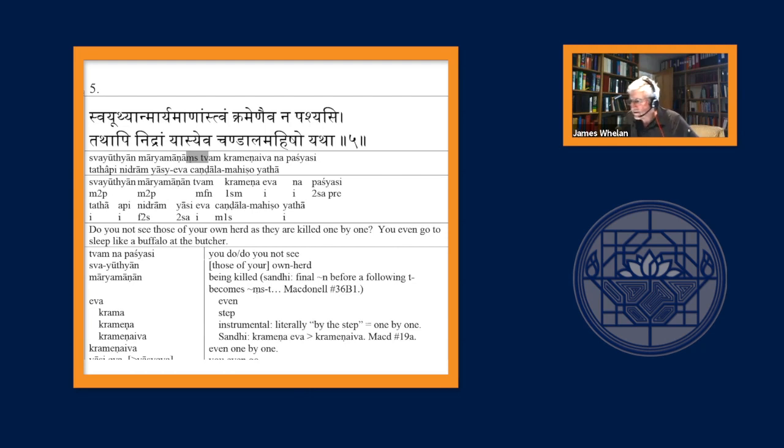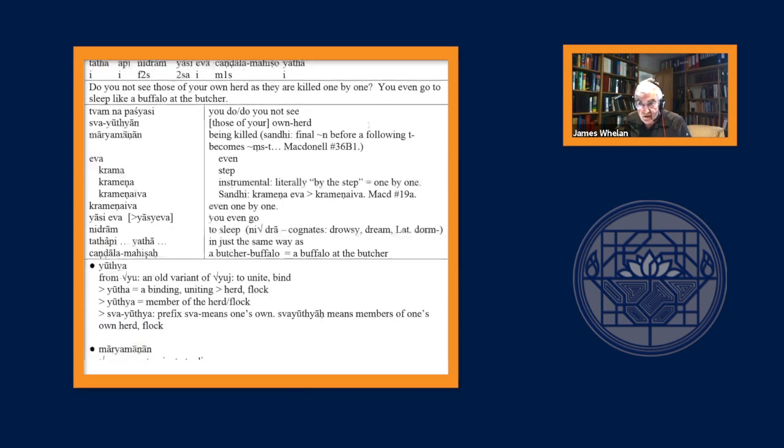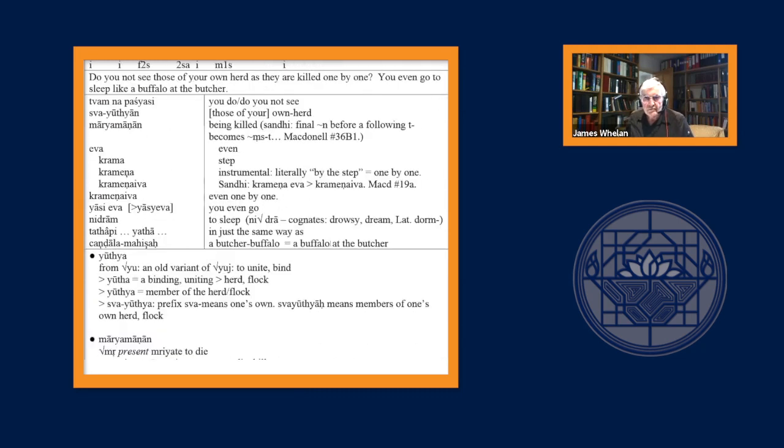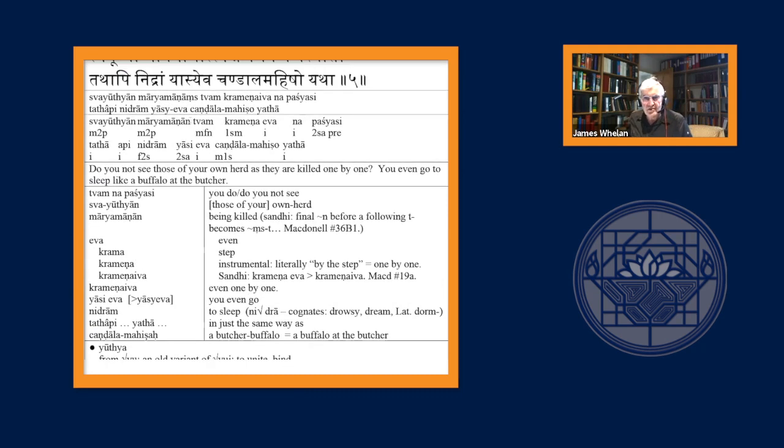Don't bother about that. It's a technical bit. In the notes, for those of you who want to look it up, euphonic sandhi, yes, it's Macdonell, paragraph 30. There's a link or a note about it. So it's not grammatical, as it were. It doesn't make a grammatical difference. It's purely a phonetic thing.